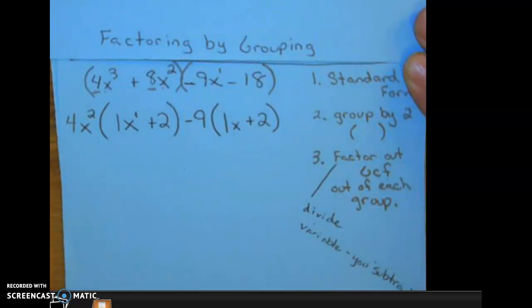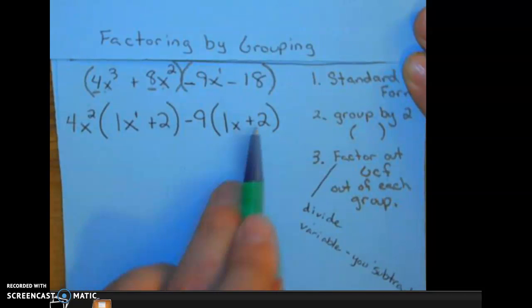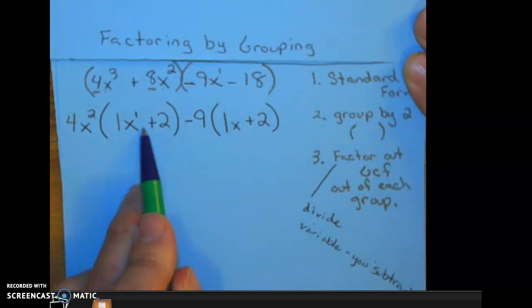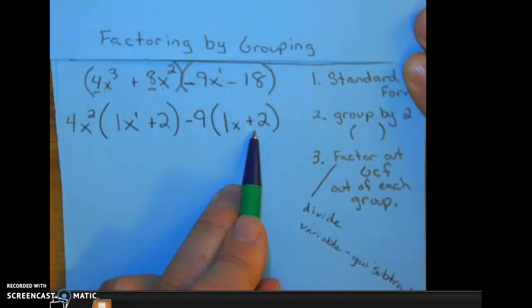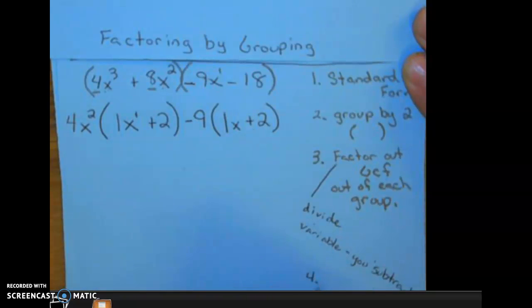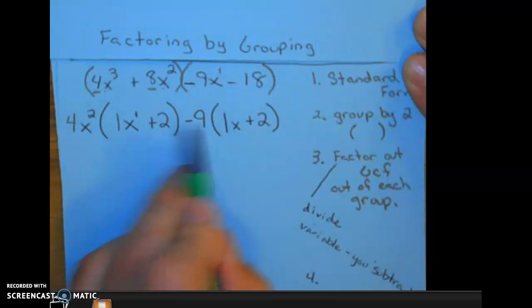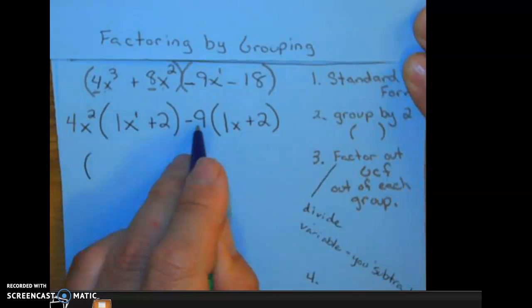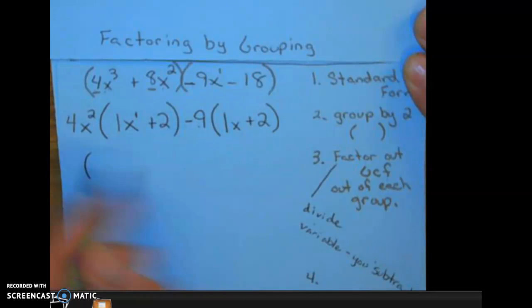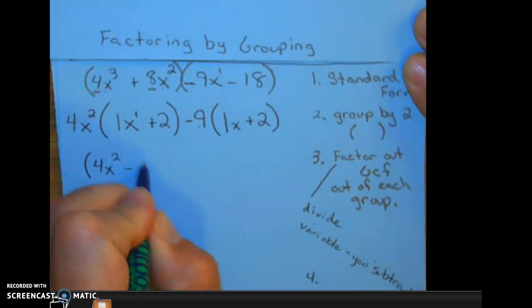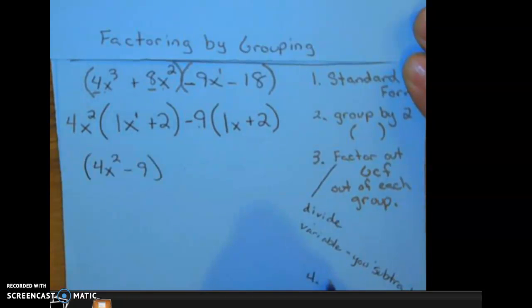Now remember what that video told you: you know you're on the right track if these two come out to be the same. X plus 2 and x plus 2. Now the fourth step is to take these two numbers out front and put them together. These two GCFs are going to go together in one factor.